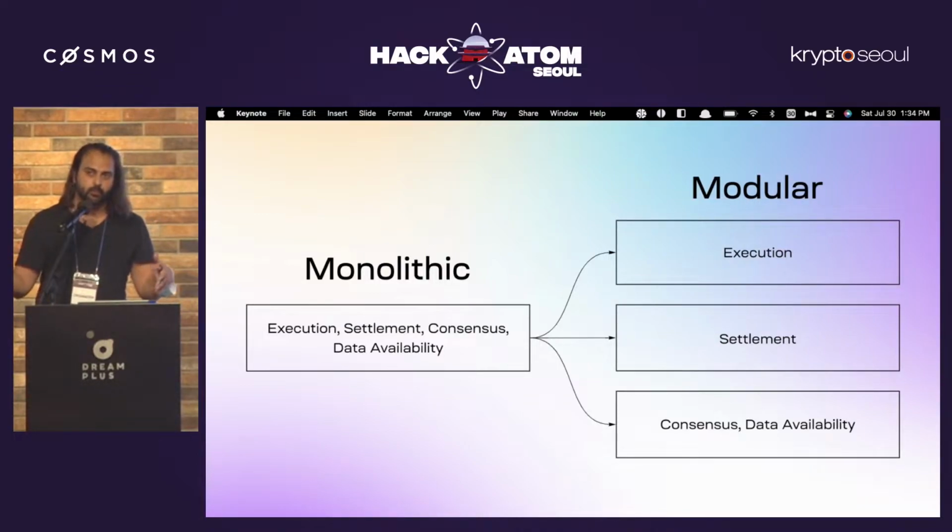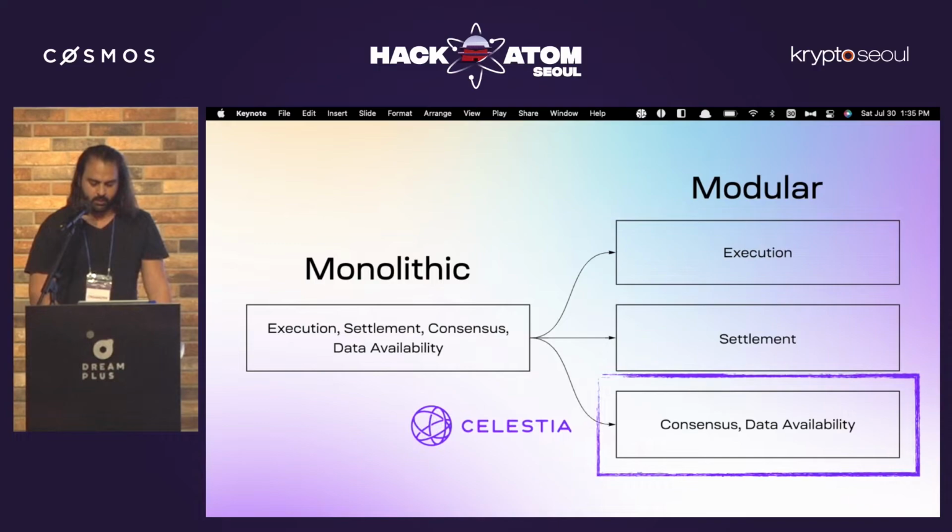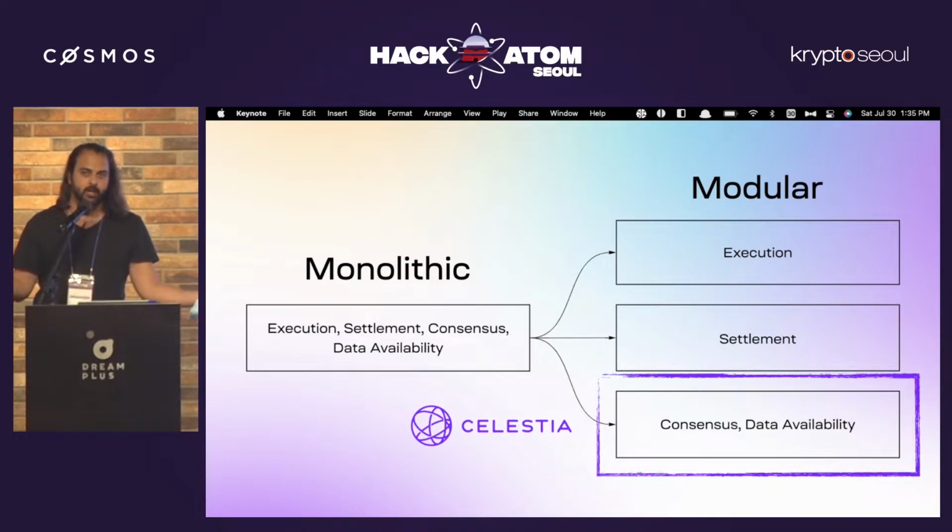But a modular blockchain decouples all those components, where you have execution on top, and an execution environment can settle on a settlement layer. And then finally, you have consensus and data availability layer. Celestia is designed for the consensus and data availability layer.